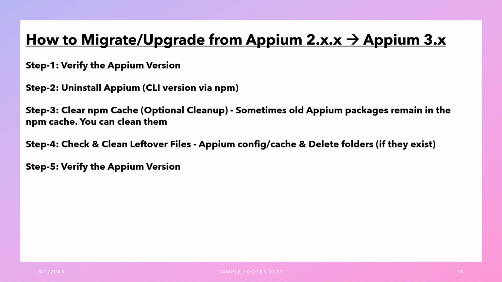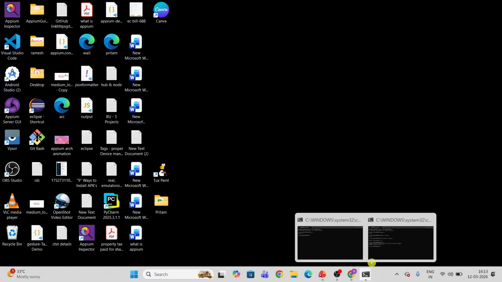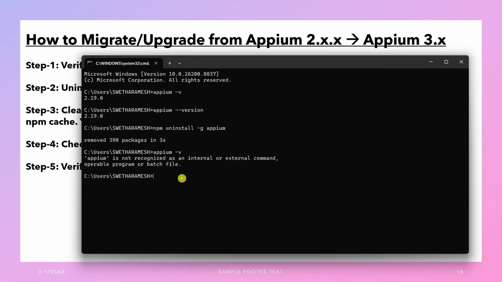Go back to the command prompt. To clear the npm cache, we use the command npm cache clean -f. Click on enter.